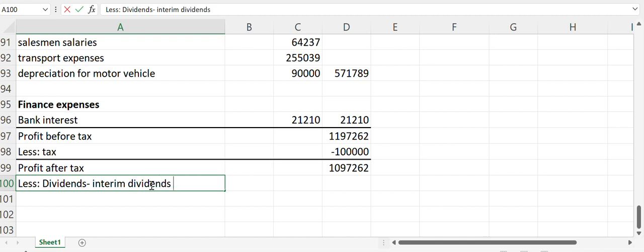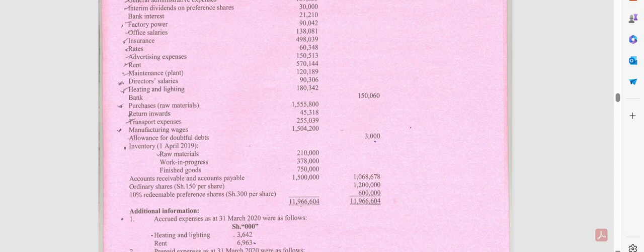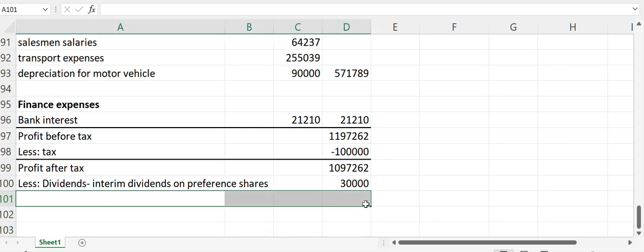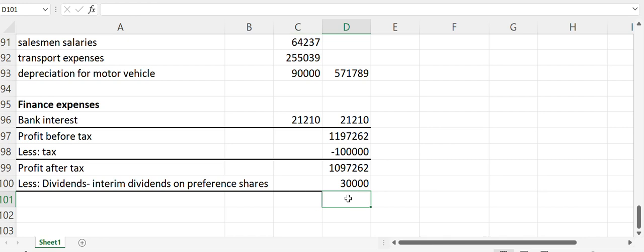Now, interim dividends on preference shares is not going to appear in our statement of financial position because it has already been paid for, this 30,000. But if it was in the additional information, then we could have also recorded it in the statement of financial position, because it means it has been provided but not paid for.